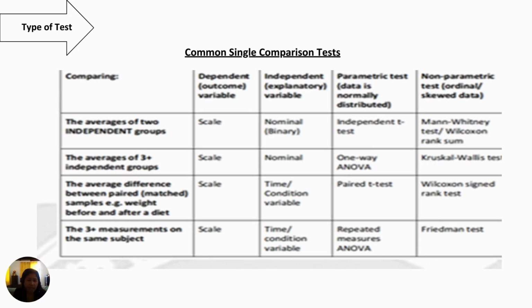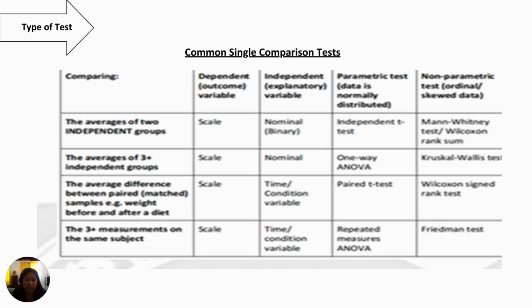So, if we have this kind of situation in a study, then what we are going to use, if the data is normally distributed, then we use parametric test, right? So the parametric test to be used would be the independent t-test. Okay, why independent t-test? Again, because we have two independent groups.